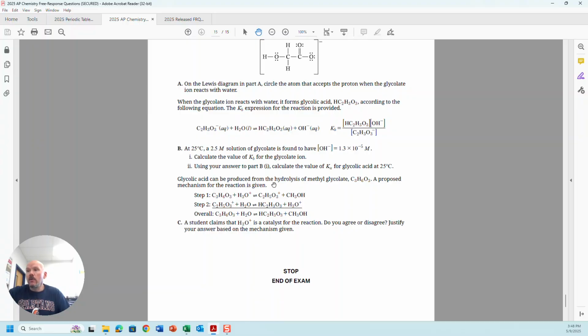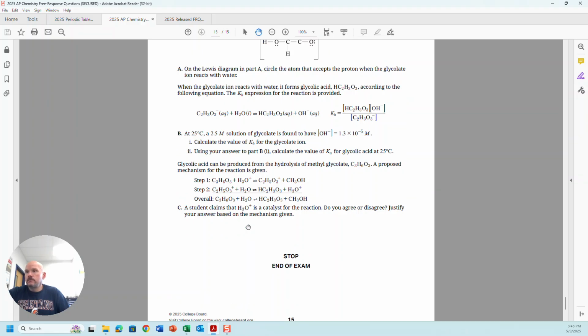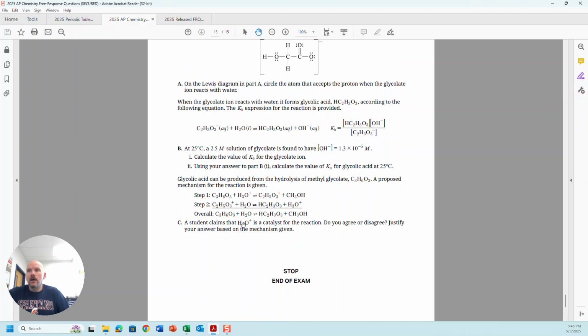All right, so here we got another unit 7 kinetics question. They give us a mechanism, and this is all about knowing what an intermediate is versus what a catalyst is in a reaction mechanism. So remember, C2H5O3+ would be classified as an intermediate because it gets produced and then it gets consumed.